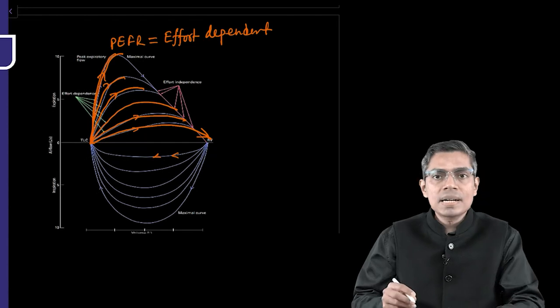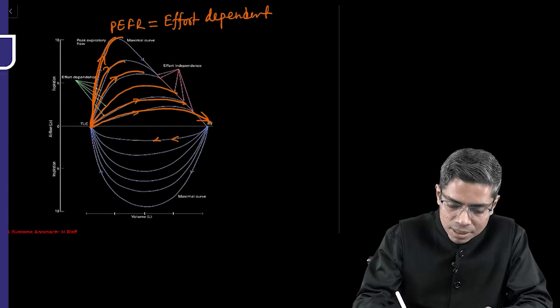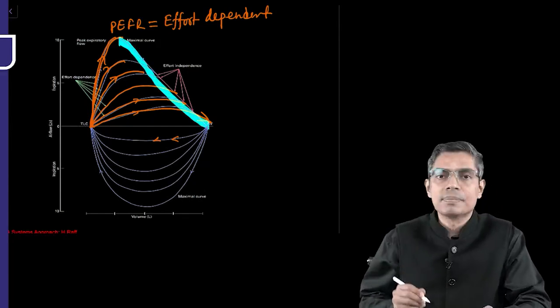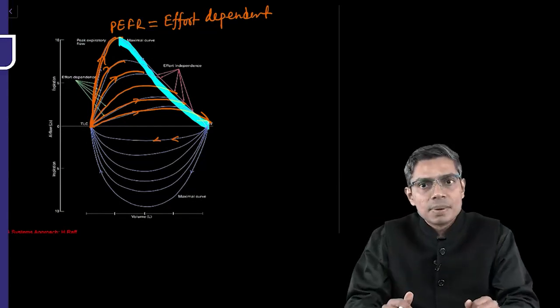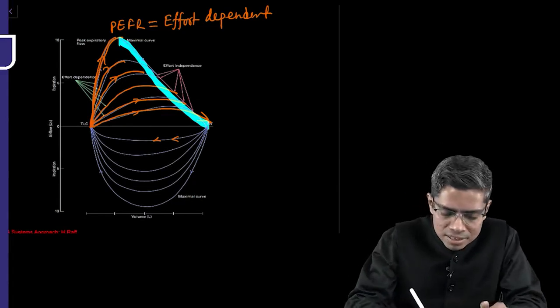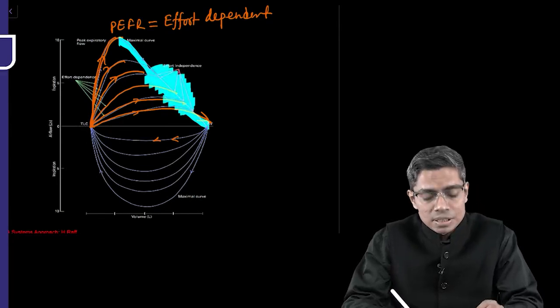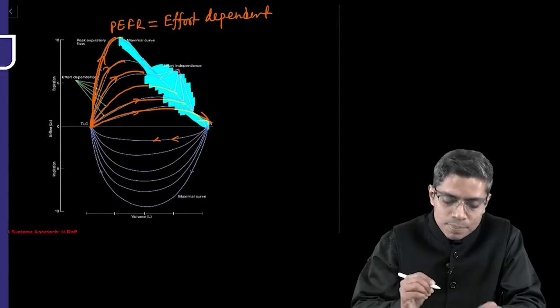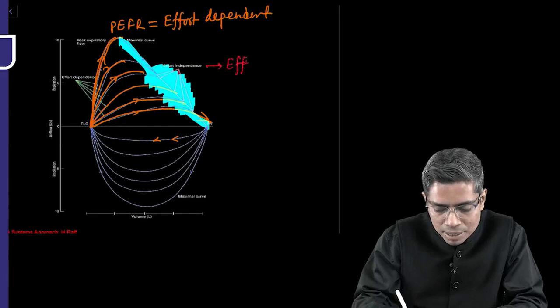But if you look at the other part, that is the right side of the curve, then due to dynamic compression during this part, whatever force you apply, you are not going to change the flow during this end expiratory portion. That's why this right side portion of the curve is known as the effort independent part.